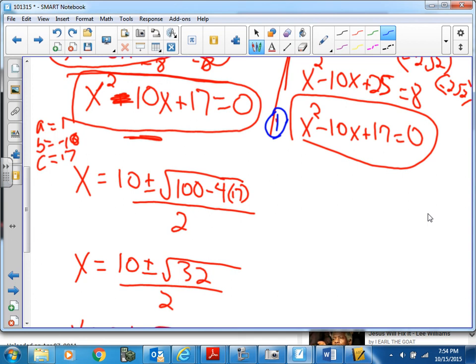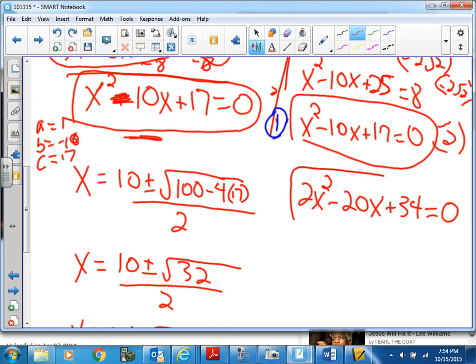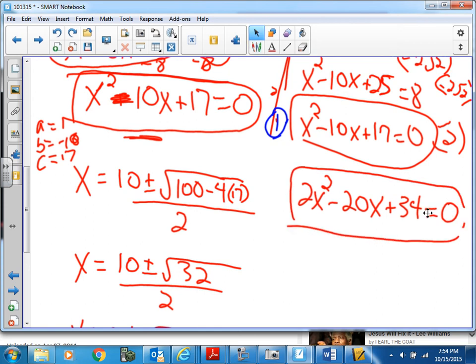So I'm going to multiply everything in here by 2 to get my second equation. So my second equation will look like 2x squared minus 20x plus 34 is equal to 0. That is another equation that will give me the same solution.